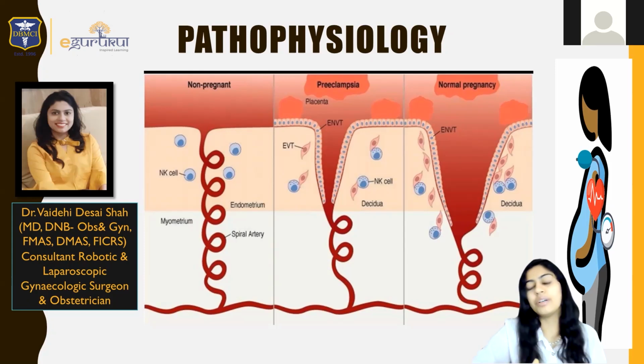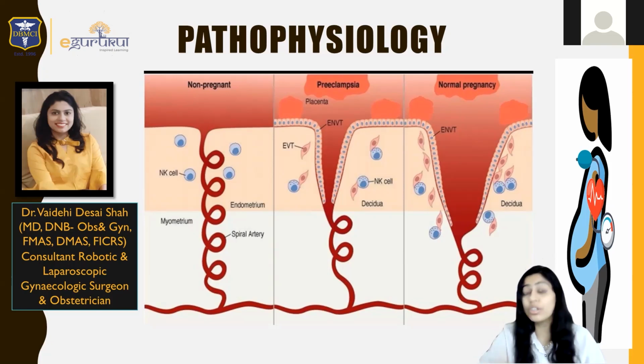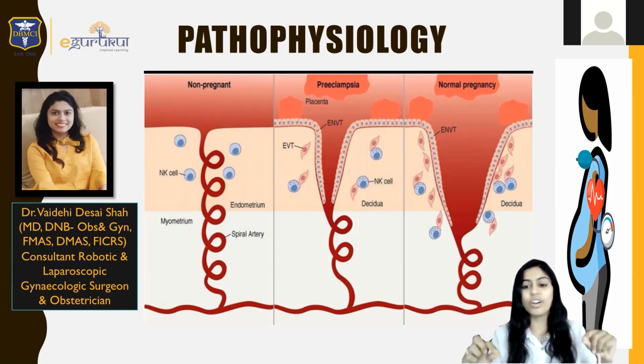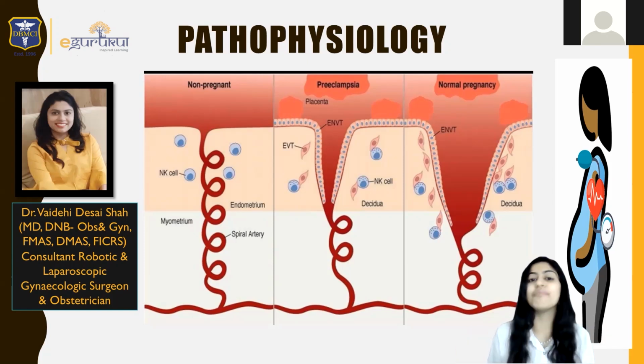That is why the fetus is more at risk of restricted growth, leading to fetal growth restriction or IUGR, intrauterine growth restriction. And because of the high resistance of the blood vessel, the mother is at high risk of developing preeclampsia, eclampsia, chronic hypertension, or superimposed preeclampsia. So defective placentation is the cornerstone of the pathophysiology of preeclampsia. Write it in a box.